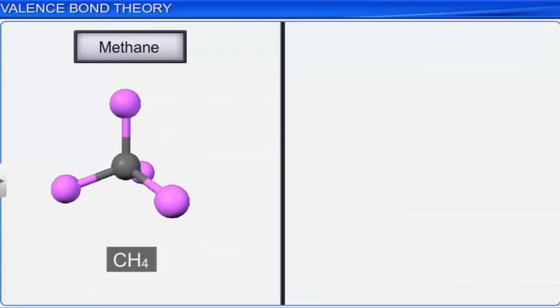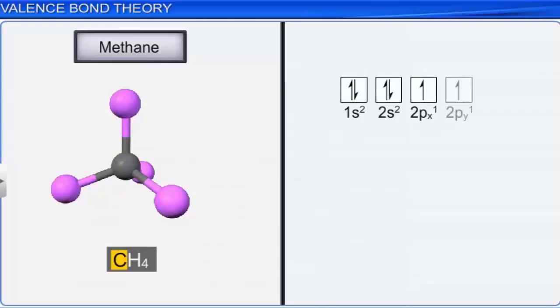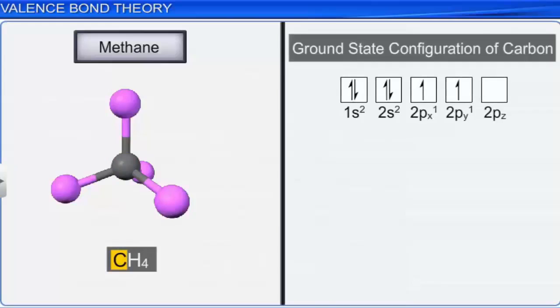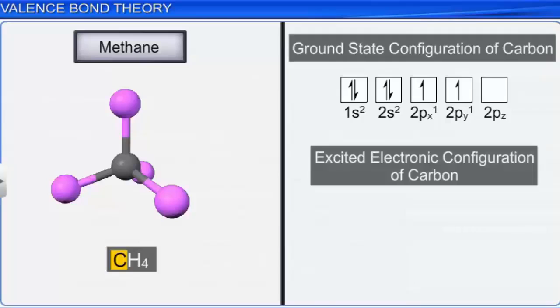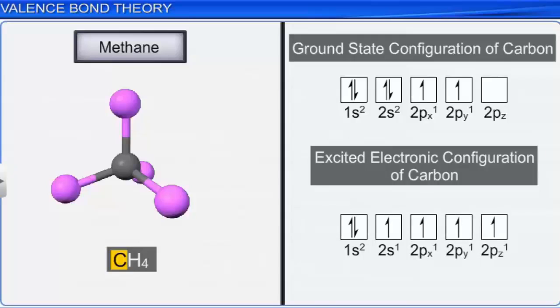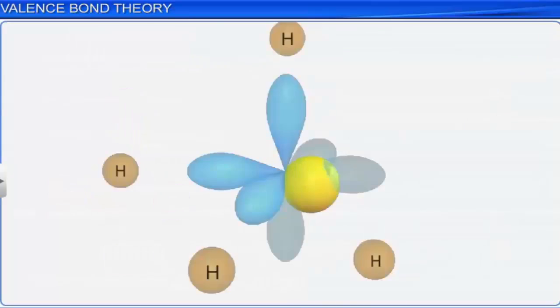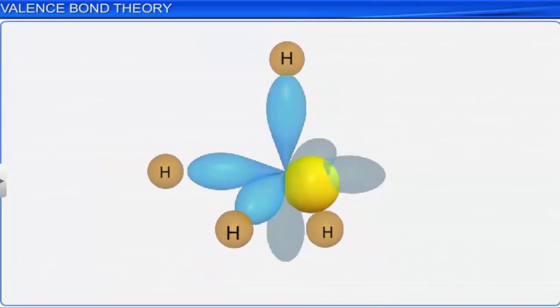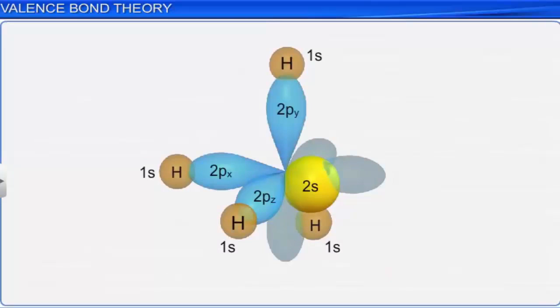In methane, the central atom carbon has the configuration of 1s2, 2s2, 2px1, 2py1. In its excited state, the configuration becomes 1s2, 2s1, 2px1, 2py1, 2pz1. The four atomic orbitals of carbon, each with an unpaired electron, overlap with four singly occupied 1s orbitals of the hydrogen atoms to form 4 CH bonds.